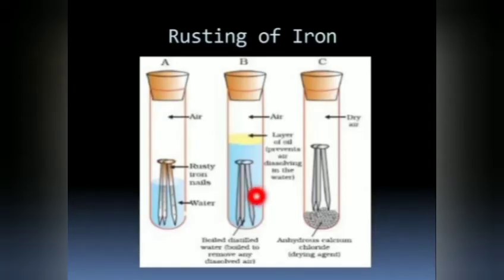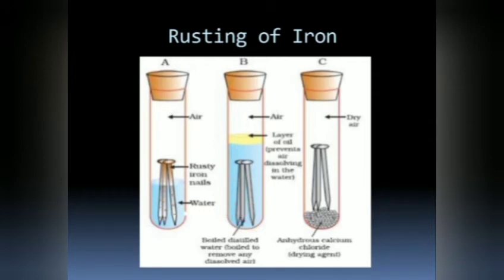In this test tube we have taken boiled distilled water, boiled to remove the dissolved air. And the iron nails are exposed only to water because there is a layer of oil which will avoid the entry of air inside the water. In test tube A, these nails are exposed to both water and air, but in test tube B, the iron nails are exposed to only water.